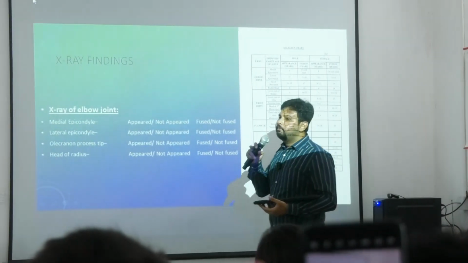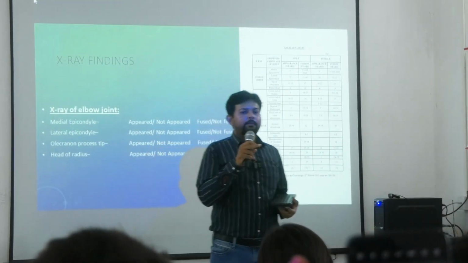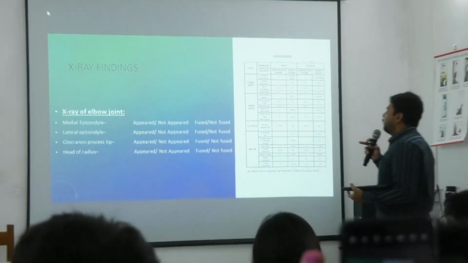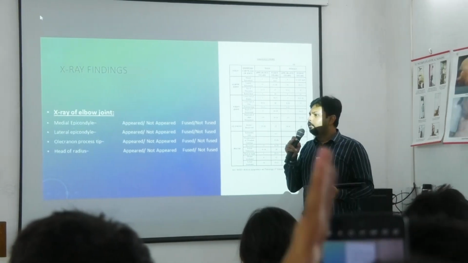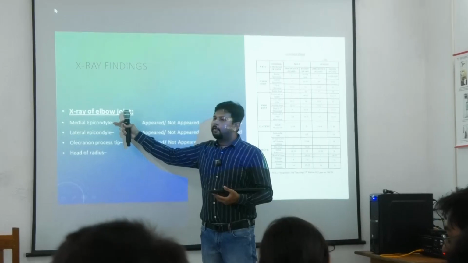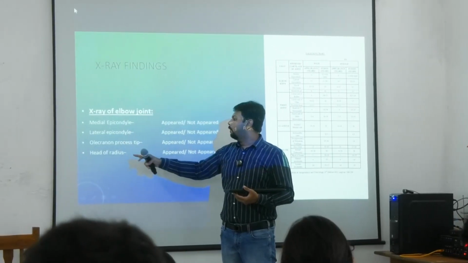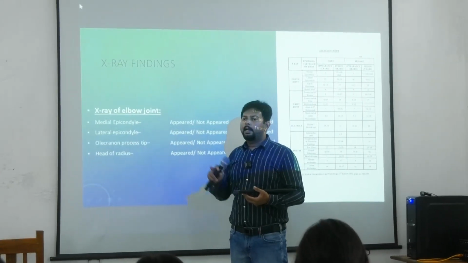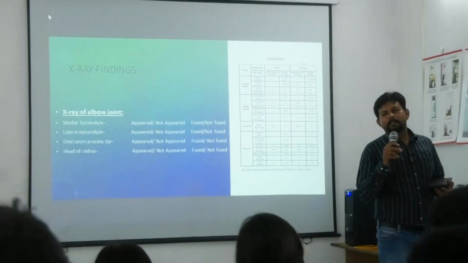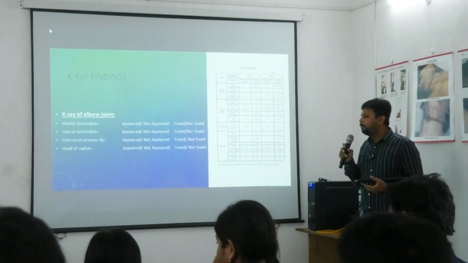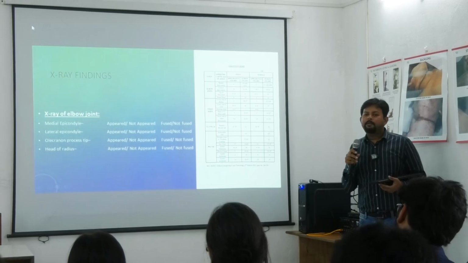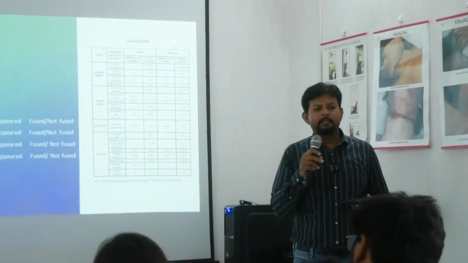So what are the findings we should know? মানে কি relevant জিনিসগুলো দেখতে হবে, তার থেকে আমরা এজ এস্টিমেট করতে পারবো। সো দি ফাইন্ডিং শুড বি, কি লাগবে আমাদের, মিডিয়াল এপিকন্ডাইল, ল্যাটারাল এপিকন্ডাইল, ওলেক্রনন প্রসেসের টিপ অ্যান্ড হেড অফ রেডিয়াস। These 4 parameters will give us the age. কি আছে, মিডিয়াল এপিকন্ডাইল, ল্যাটারাল এপিকন্ডাইল, tip of olecranon process and radial head. ঠিক আছে?